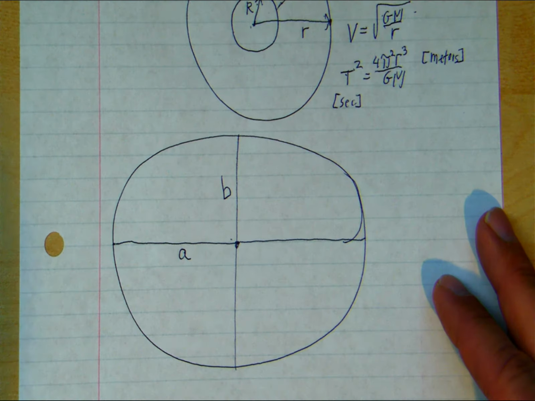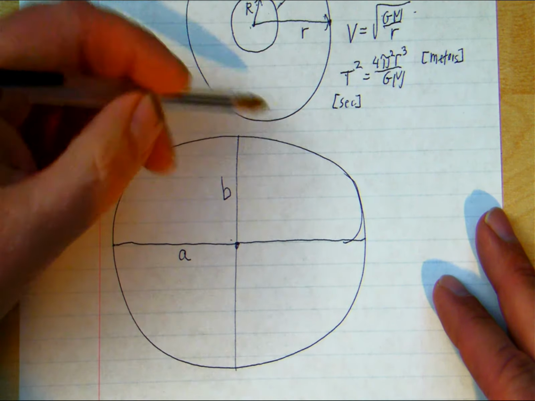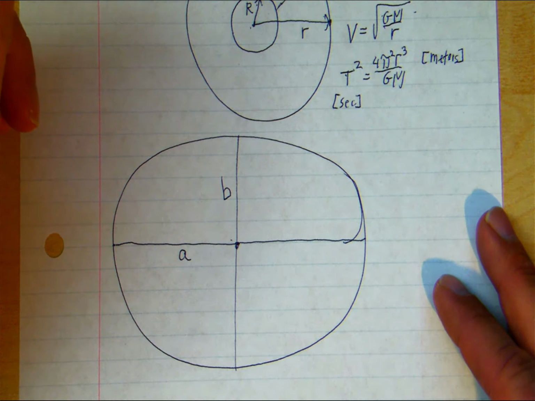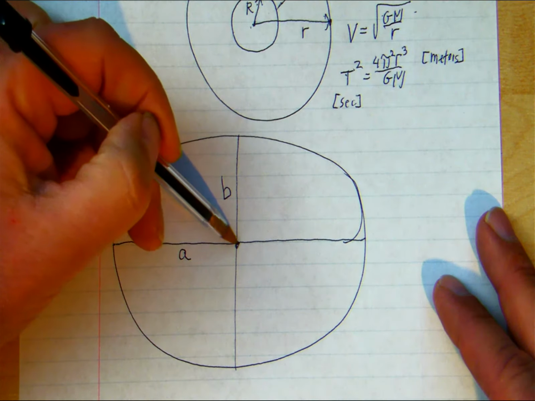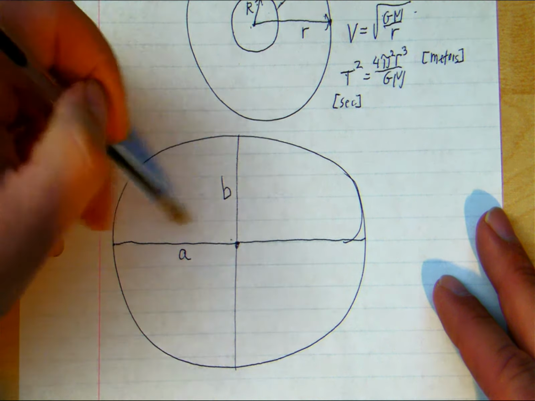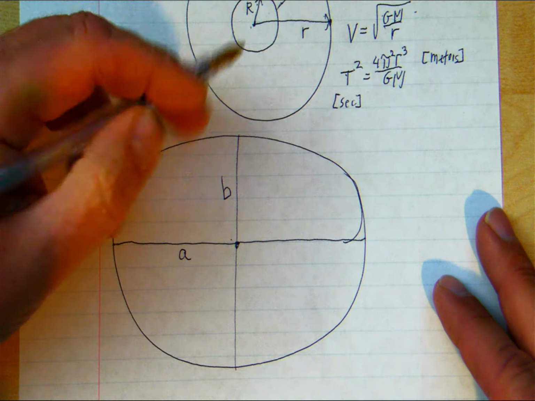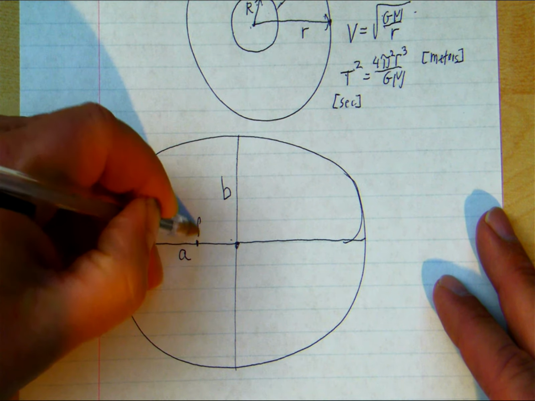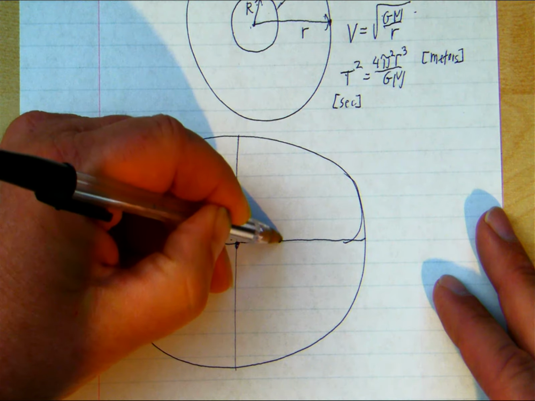And what Kepler figured out is that Mars is on an elliptical orbit around the sun, and the sun is not in the middle of this ellipse. There's 2 other points that we care about in an ellipse. They're called the focal points. One is here, and the other is the equal distance on the other side.